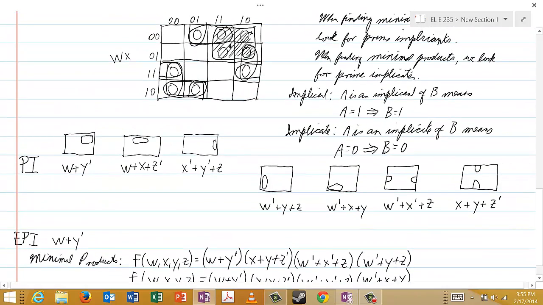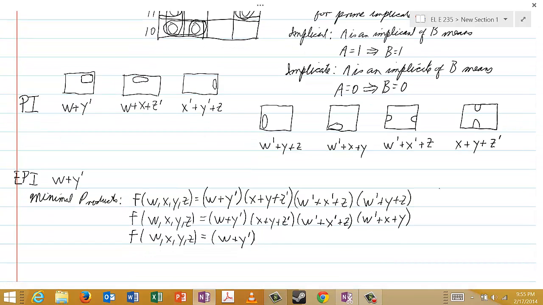This prime implicate that we just mentioned right here is w or x or z prime. So I'll put that w or x or z prime.